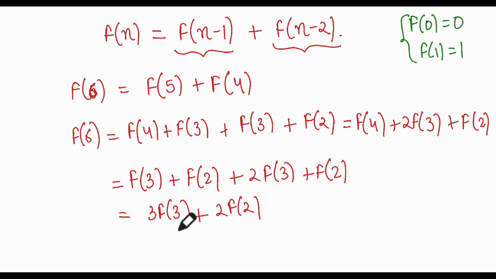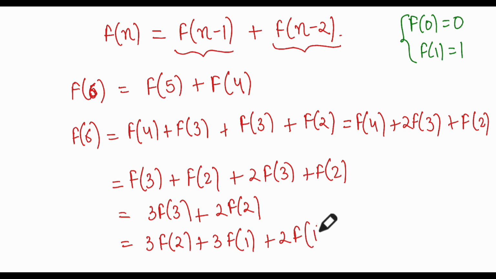Now you will further split Fibonacci of 3 as well. So it will be 3 times Fibonacci of 2 plus 3 times Fibonacci of 1, and 2 times Fibonacci of 1 plus 2 times Fibonacci of 0.